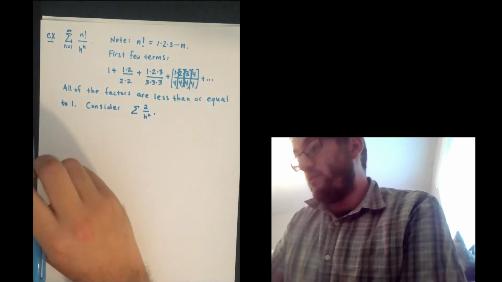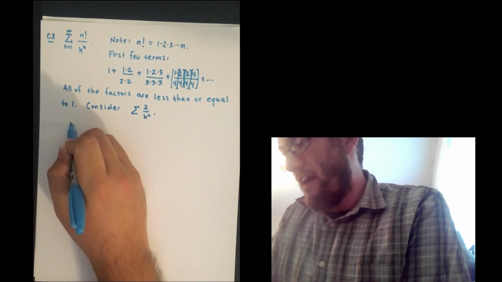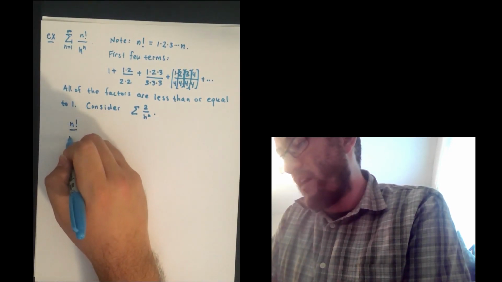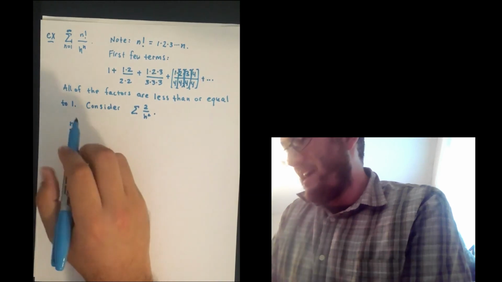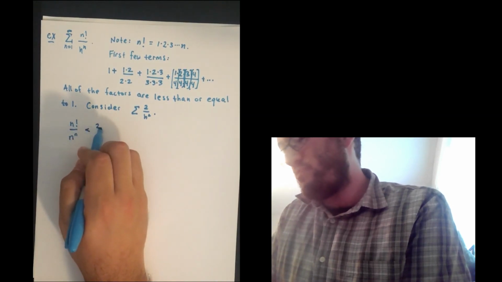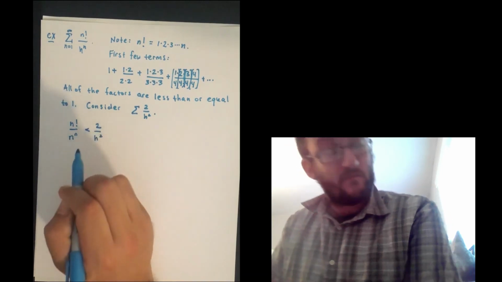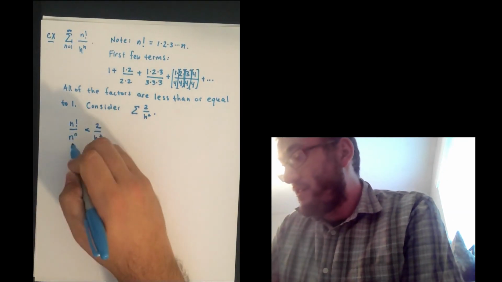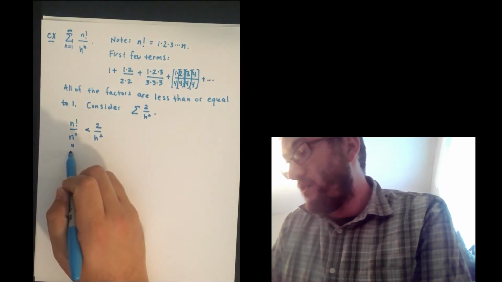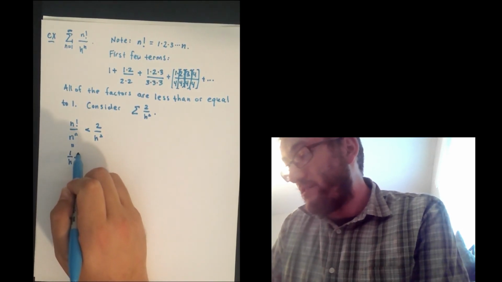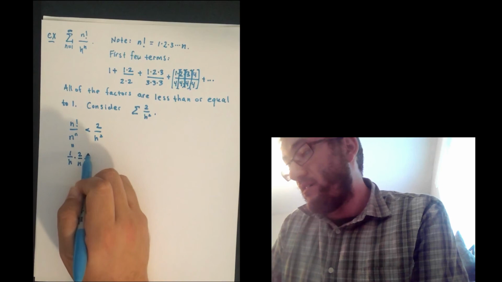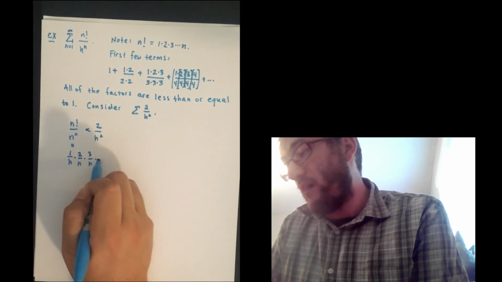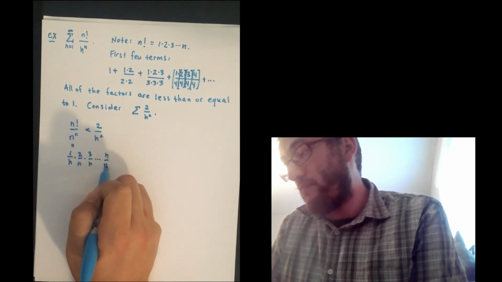And what we'll notice is n factorial divided by n to the n is less than 2 over n squared. Why is that the case? Well, this is equal to 1 over n times 2 over n times 3 over n up to n over n.